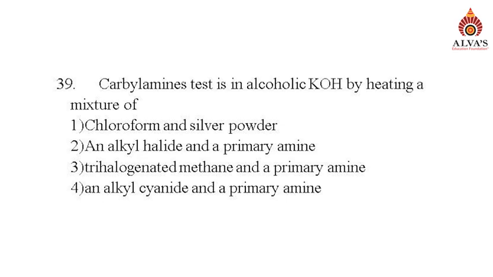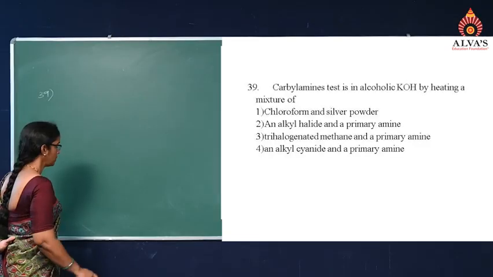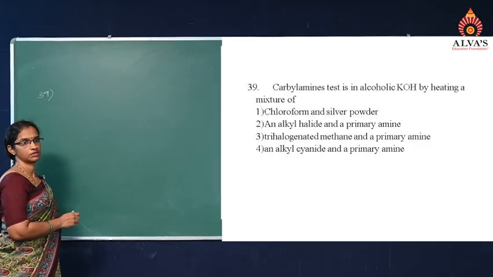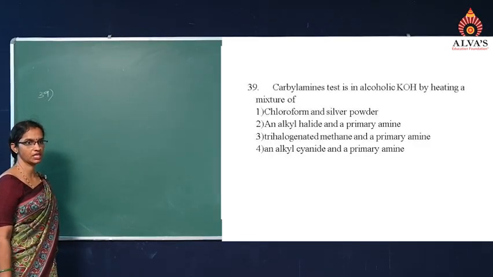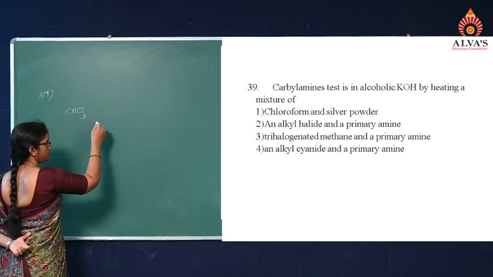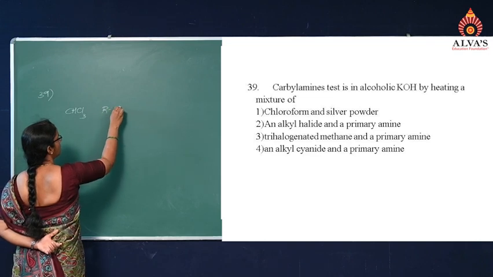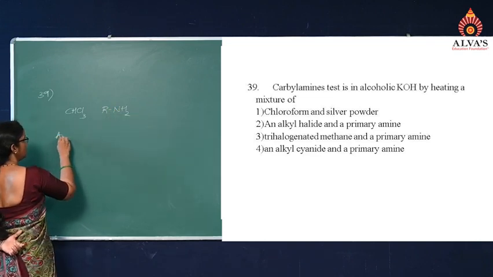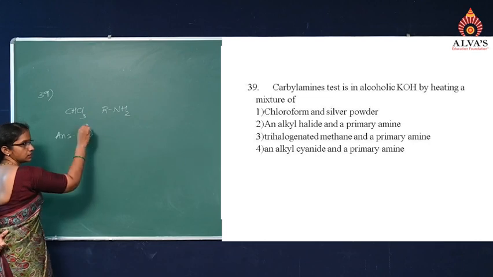So, the best choice for this question is option third, that is trihalogenated methane, which is nothing but chloroform, and primary amine, that is RNH2. So, the answer is option third.